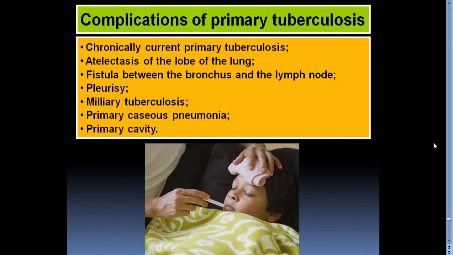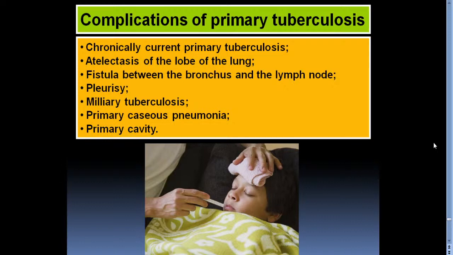All primary forms of tuberculosis can form different complications. For example, chronically recurrent primary tuberculosis, atelectasis of the lobe of the lung as a result of compression, fistula between the bronchus and the lymph node.